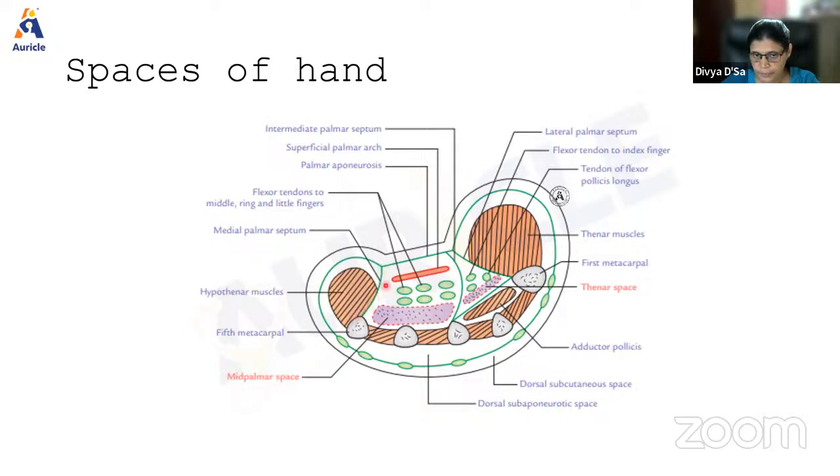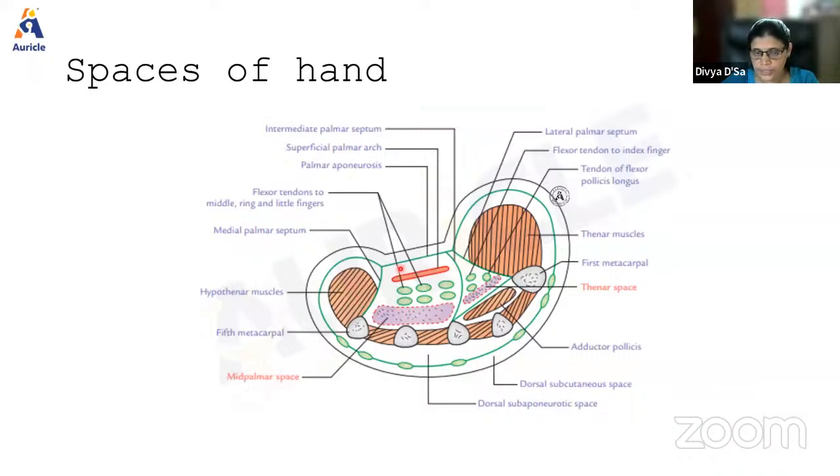So this is the medial palmar septum. And here are the hypothenar muscles. It separates the mid-palmar space from the hypothenar muscles.